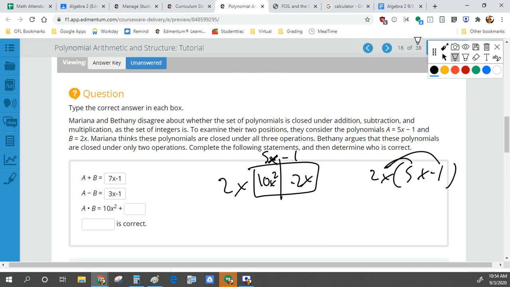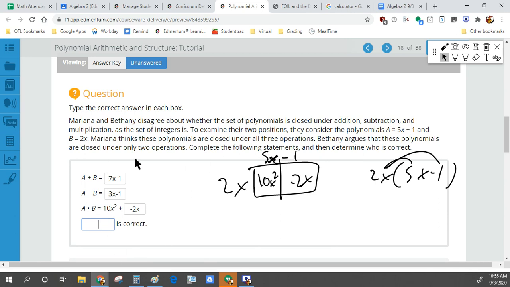So if we do this, our answer is going to be 10x to the power of 2, which they already wrote here because they don't want them typing in power of 2. So then we do minus 2x. All right, and that is correct.